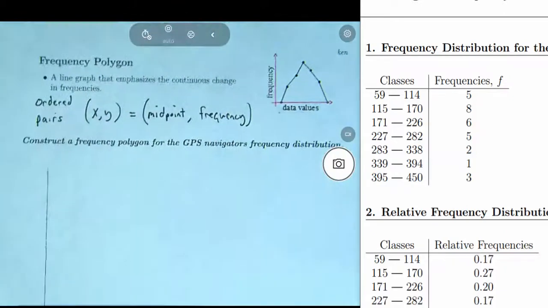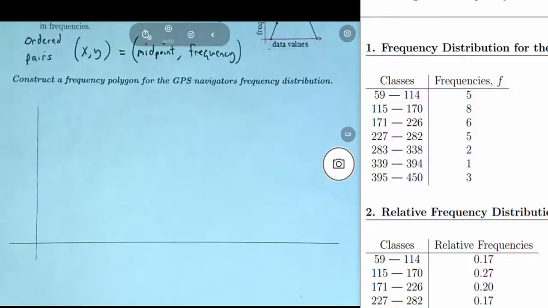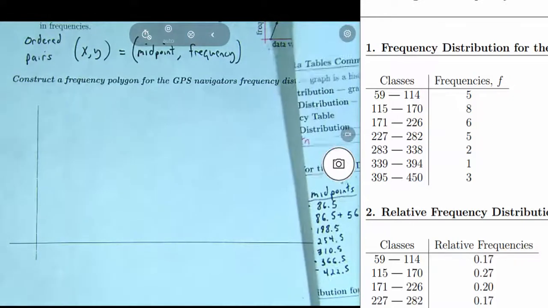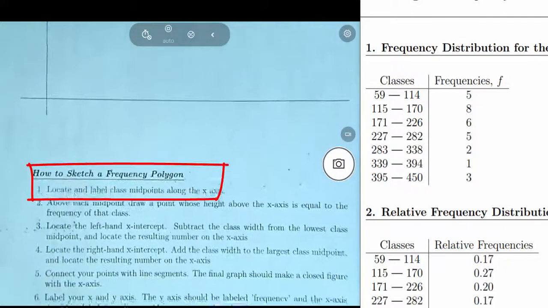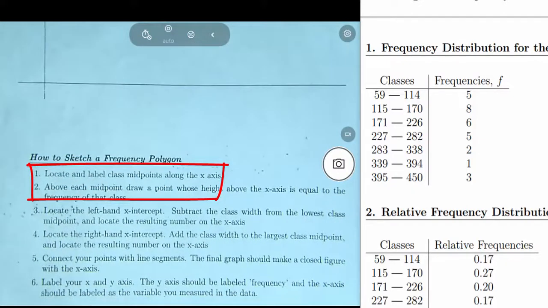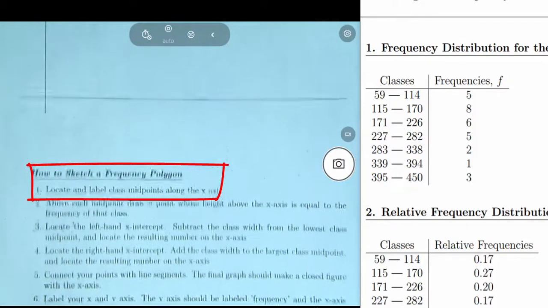Okay, let's go ahead and find those midpoints. First thing to do, locate and label midpoints along the x-axis. Let's do that.